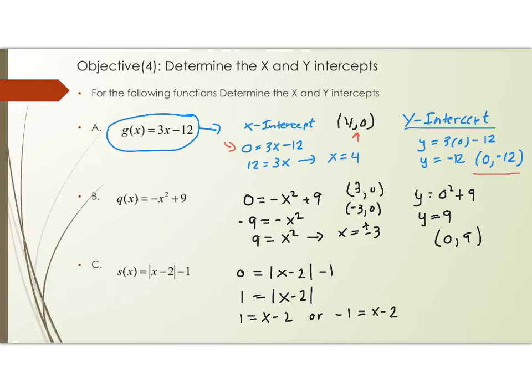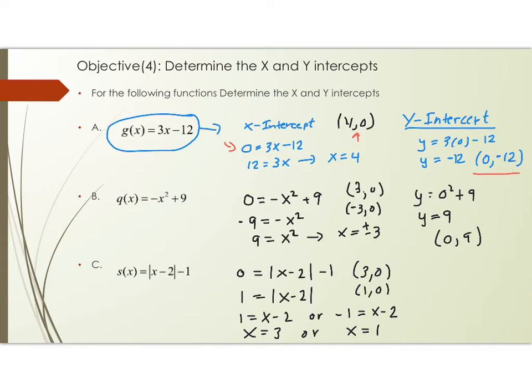So in this case, we have x is equal to 3, or x is equal to 1. So we have two x-intercepts, 3, 0, and 1, 0.